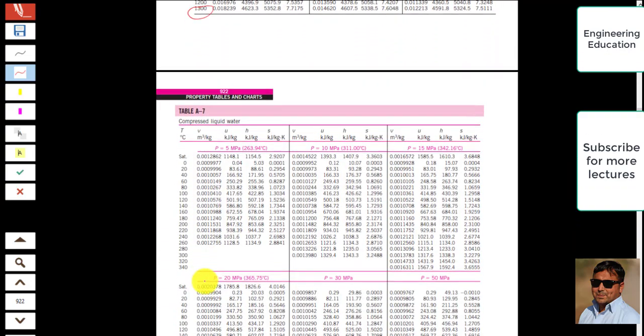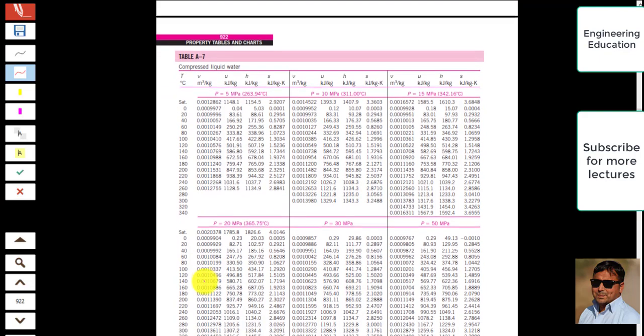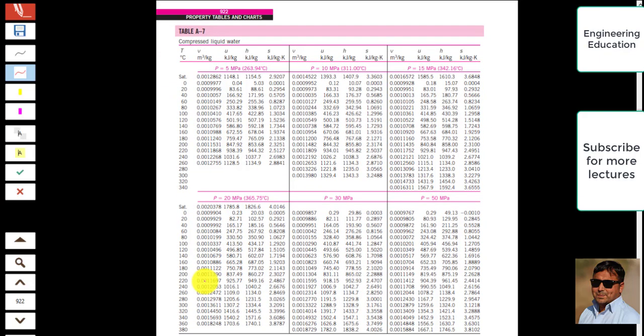Similarly, table A7 is about compressed liquid water. Again, we have simple values of V, U, H and S. There is no VF, VG, there is no UF, UG, because I talked earlier that those notations are used only in the study of saturated liquid, saturated vapor and its mixture.